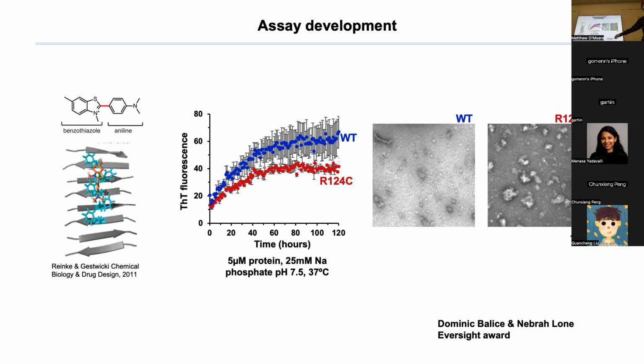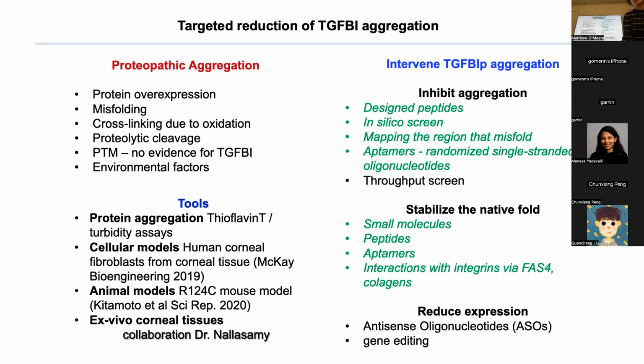Expressing proteins in eukaryotic cells is a very expensive enterprise, both in time and in resources for labs like ours. So we still need to optimize it a bit more. And this is the end of my presentation.